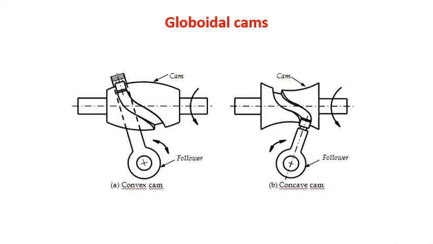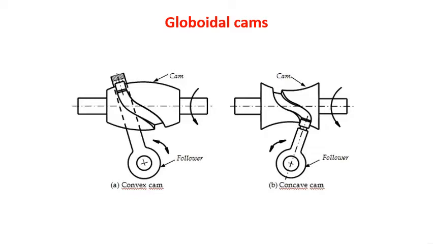Next one, globoidal cams. These globoidal cams are almost similar to the cylindrical cams. The only difference is the shape. It has two shapes, one is concave, another one is convex, and the grooves are cut on the circumference of the cams, and the followers are inserted inside the grooves.